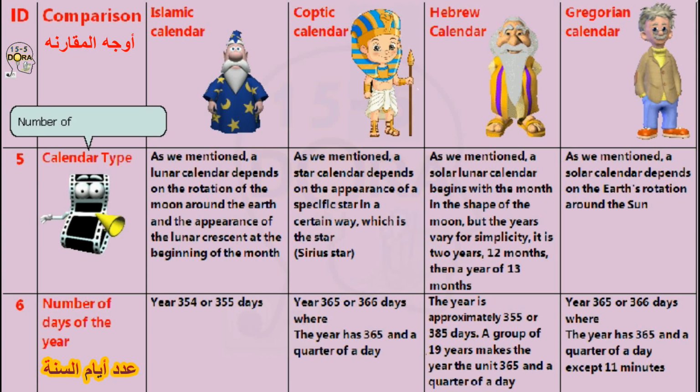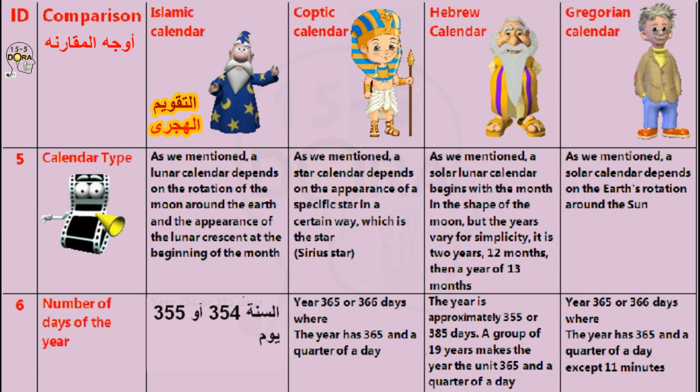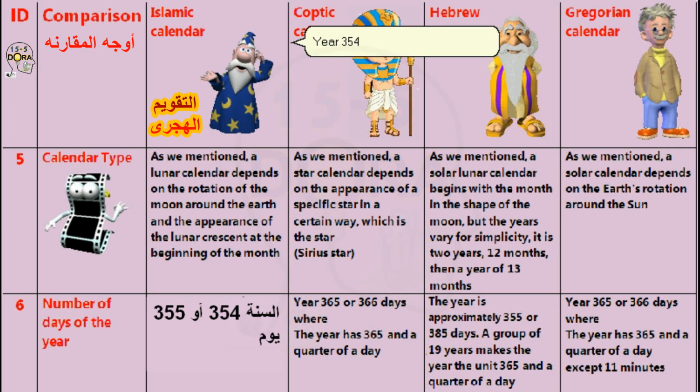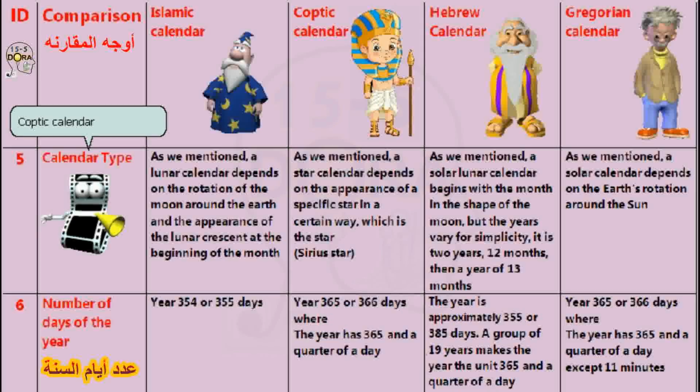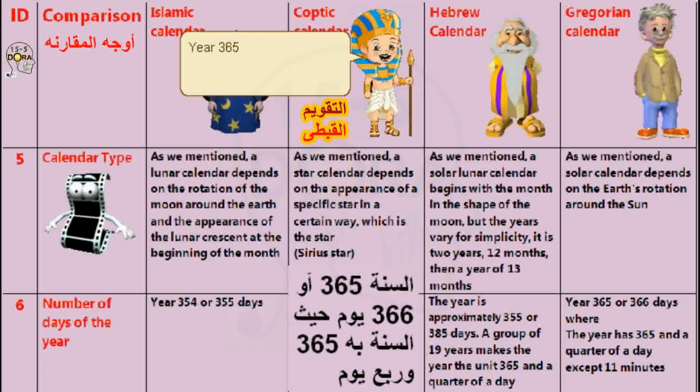6. Number of days of the year. Islamic calendar: the year is 354 or 355 days. Coptic calendar: the year is 365 or 366 days, where the year has 365 and a quarter of a day.